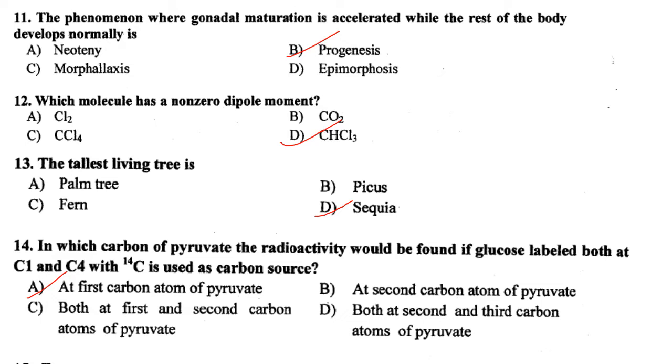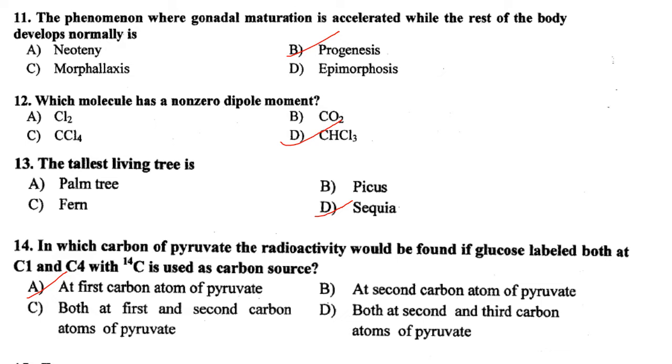And morphallaxis is the regeneration of specific tissue in a variety of organisms due to loss or death of the existing tissue. And epimorphosis is defined as the regeneration of a specific part of an organism in a way that involves extensive cell proliferation of somatic stem cells, dedifferentiation and reformation, as well as blastema formation. So the answer is option B, progenesis.